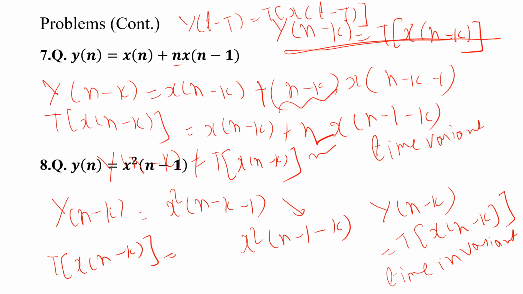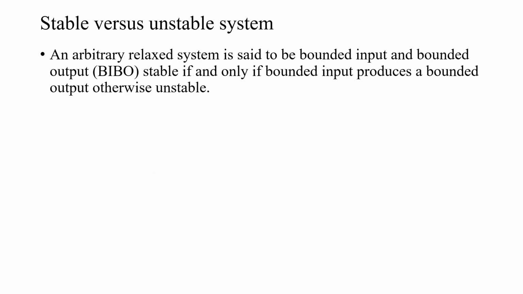So in place of t or n, put t minus capital T or n minus k, and for the transformation of x of t minus T, put minus T in the x bracket. That is the only concept. Similarly for x of n minus k, put minus k in the x bracket. So this is over for time invariant and time variant systems.